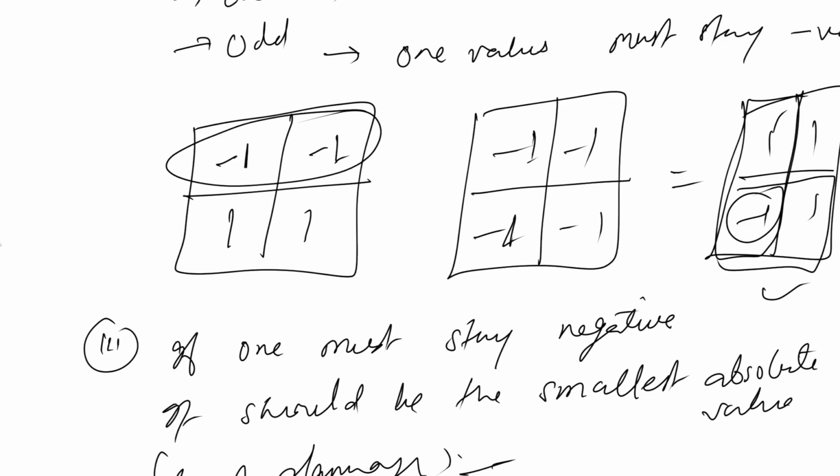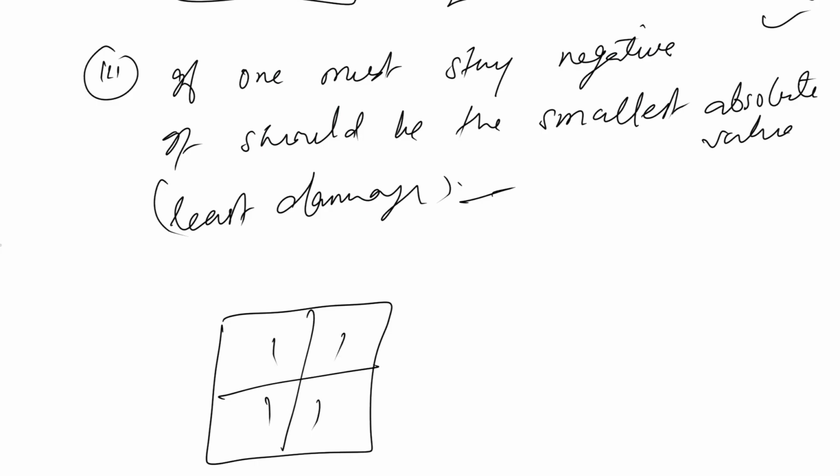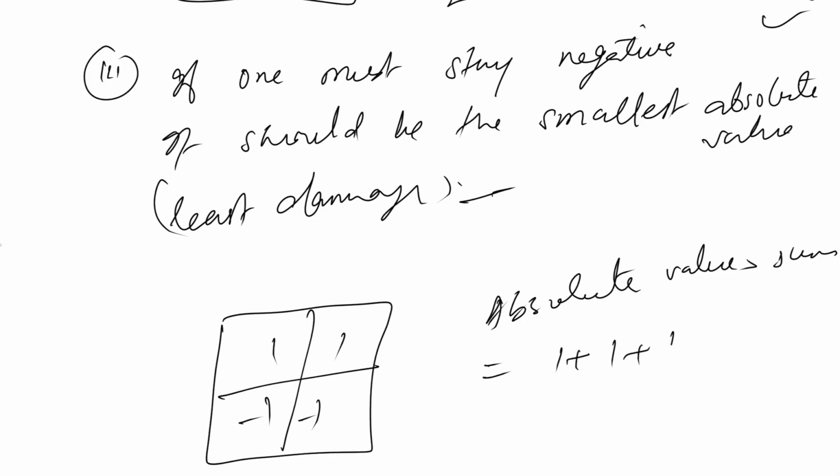If the absolute value sum is coming 4, let's suppose we have given an array like this. Can we say that if I take any two of these values as negative, the absolute value sum is 1 plus 1 plus 1 plus 1?